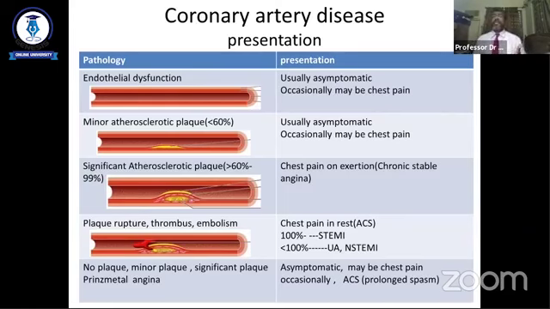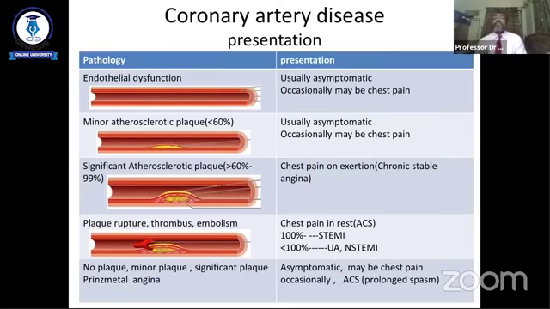If a lot of cardiac muscle is involved and the damage is more, the patient may have low blood pressure, and this is designated as cardiogenic shock. If the patient develops cardiogenic shock, this has high mortality in acute coronary syndrome. The patient may present with other complications as well.